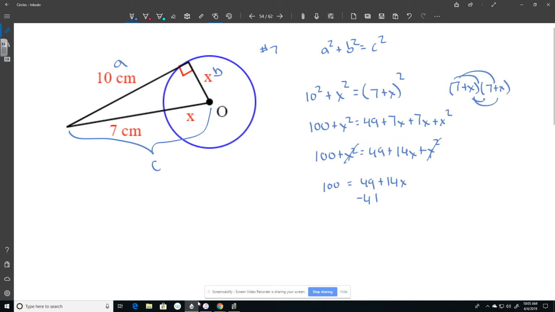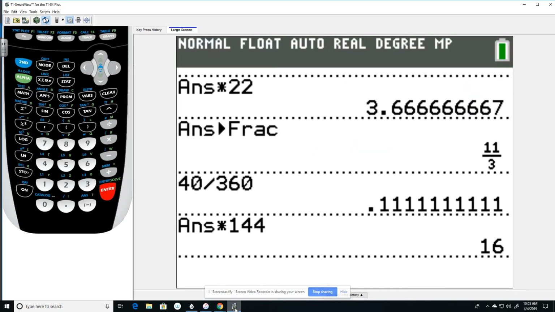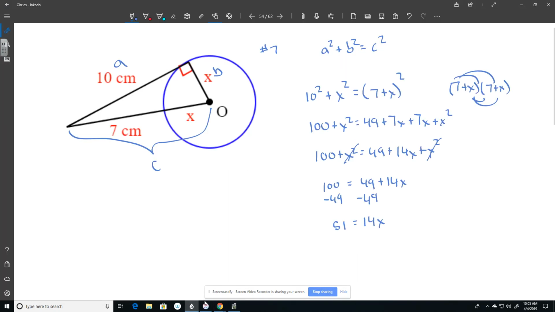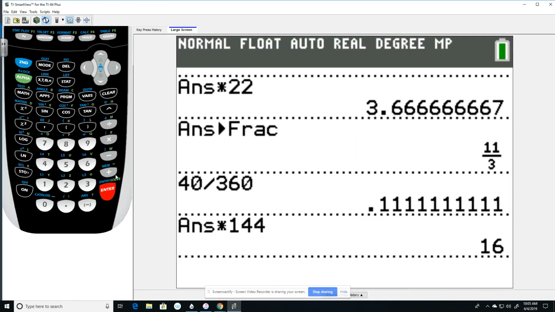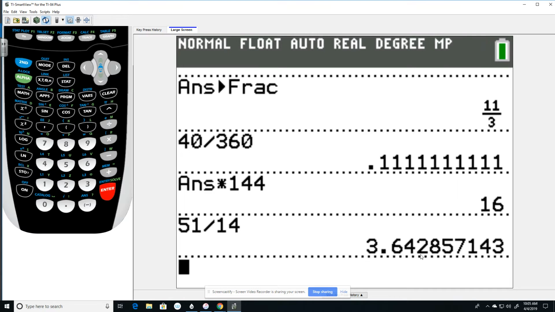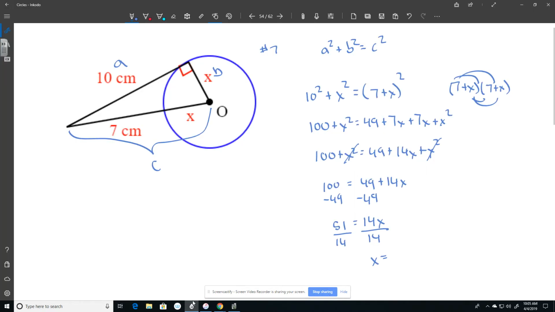So if I minus 49 from both sides, I get 51 equals 14x. So in order to get rid of the 14, I divide both sides by 14. So x is going to equal 51 divided by 14. If I do 51 divided by 14, I get a decimal, 3.6428.